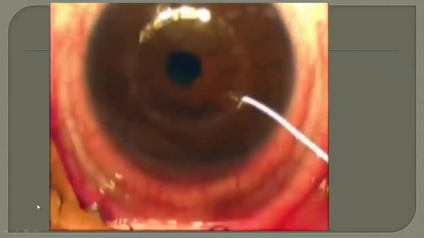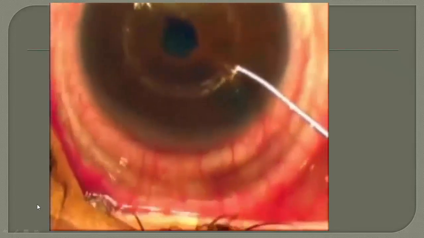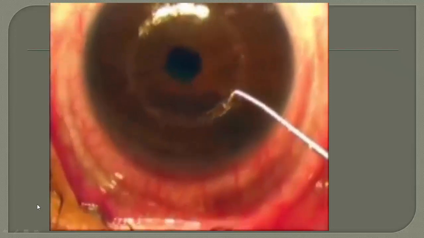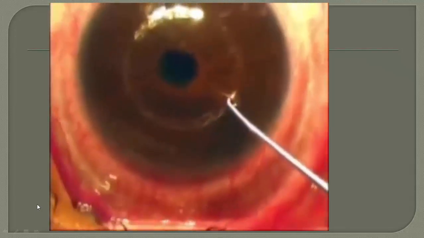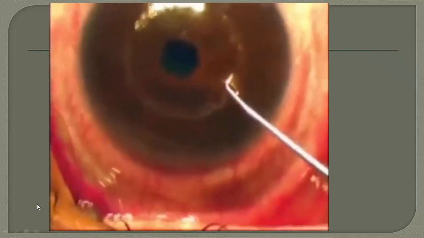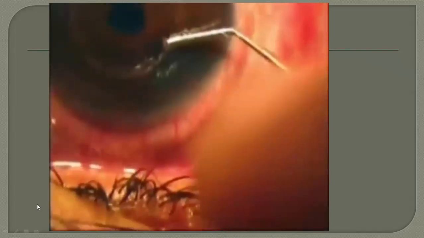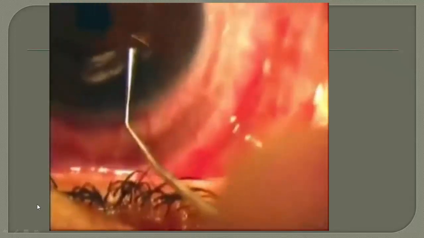And lastly, we will open this tunnel, initially by opening the incision site. Then we try to widen the tunnel created by femtosecond laser before we implant the intracorneal ring segment.